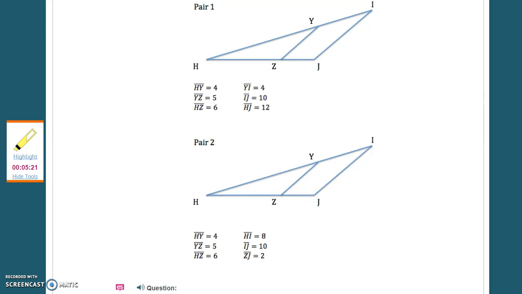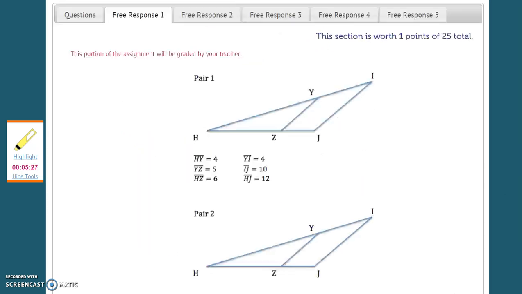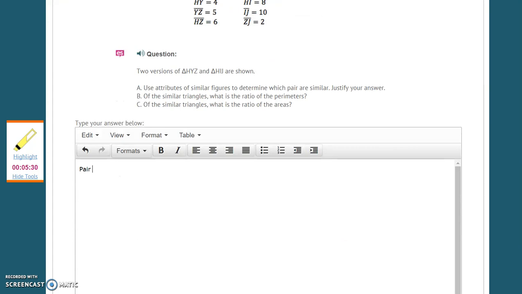I would say, let's see what to call them. Pair 1 consists of similar triangles because the ratios of sides of the smaller triangle to sides of the larger triangle are all 1 to 2.